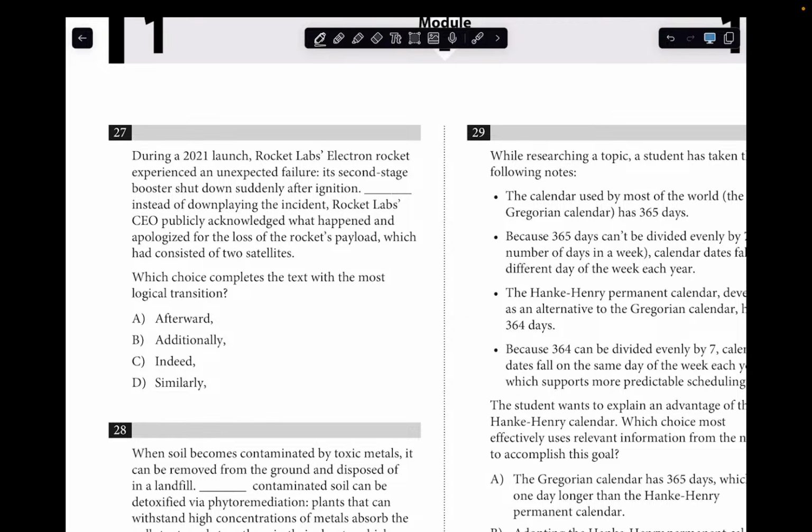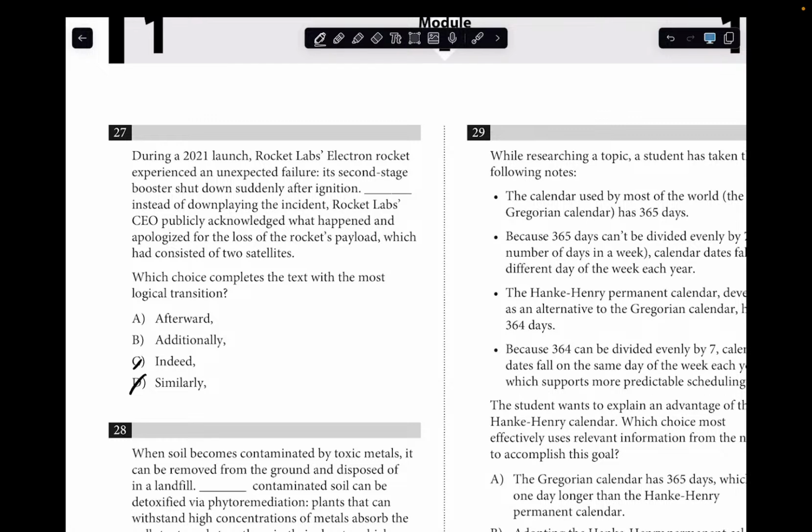Let's go through the options, bottoms up. Similarly, I don't see the connecting of two separate ideas or positions. Indeed, I don't think it's set up for "indeed."